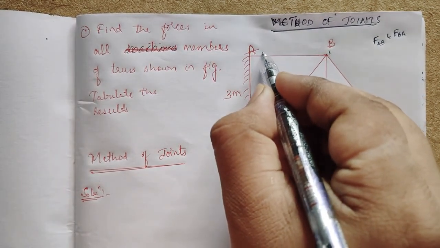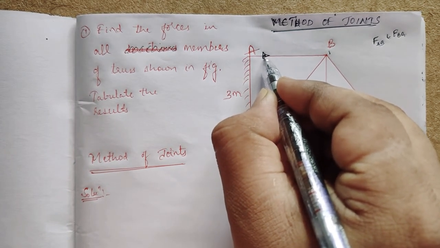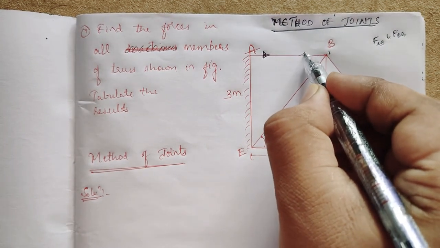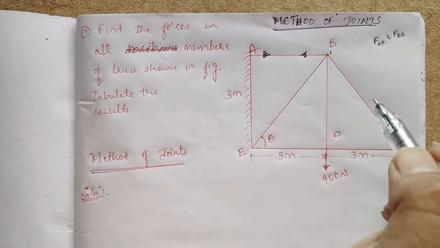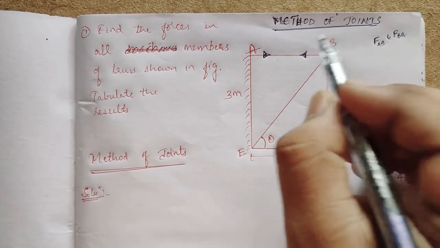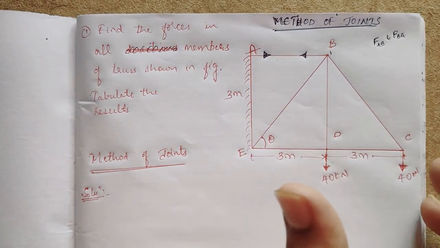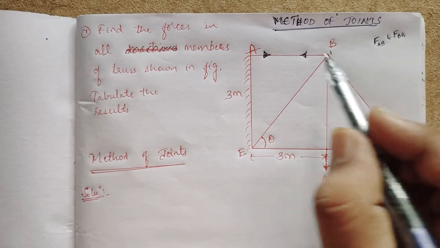If FAB is like this, what will be FBA? It will be equal and opposite, because it is equal and opposite, it is stable. In this problem we will assume the directions of the forces.